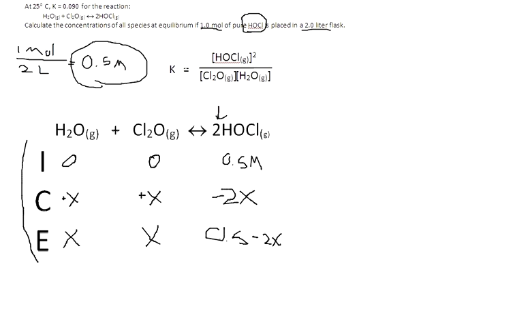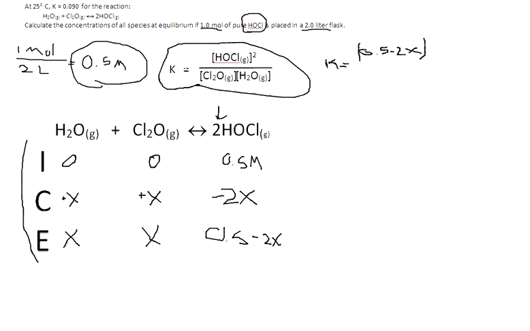So we can then take these numbers that we just found, X, X, and 0.5 minus 2X, and plug them into our K equation that we found earlier. K, which we know, is equal to 0.5 minus 2X, and all of that, don't forget, is squared.